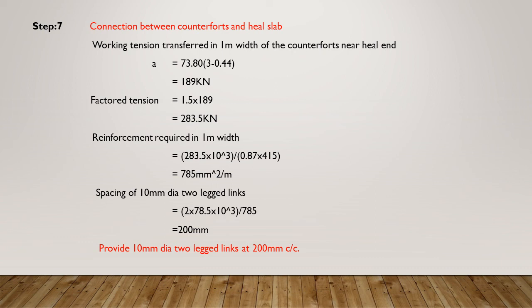Then provide 10 mm dia bar 2 legged stirrups. So spacing is equal to 2 into 78.5 into 10 power 3 divided by 785, the reinforcement area. Then you get a spacing of 200 mm. So provide 10 mm dia bar 2 legged links at 200 mm center to center distance. Thank you.